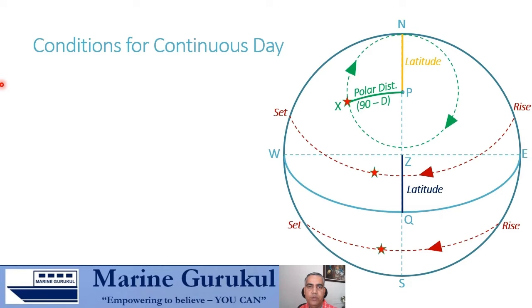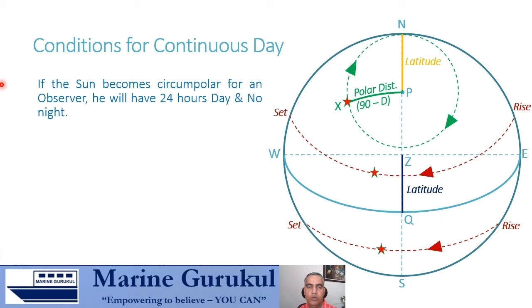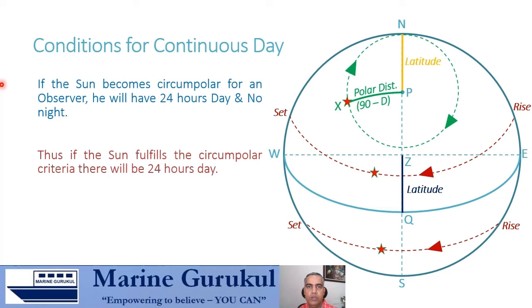In some of the questions, this concept of continuous day or a 24-hour day is used. So in these type of questions, we should be aware that if the sun becomes circumpolar for an observer, he will have 24 hours daytime and no night.